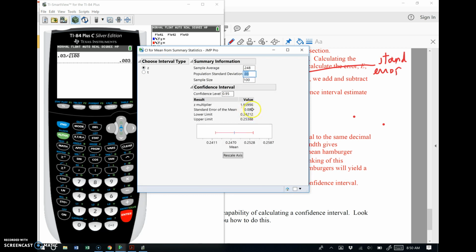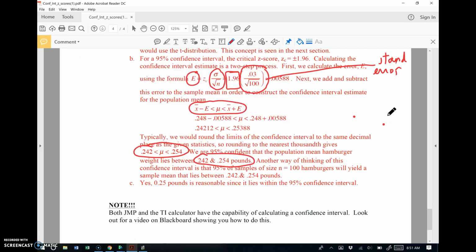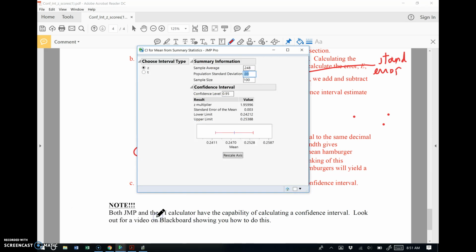So this is what JUMP does. It takes the Z multiplier, multiplies it with the standard error, and takes that result, which we already worked out, 0.00588.